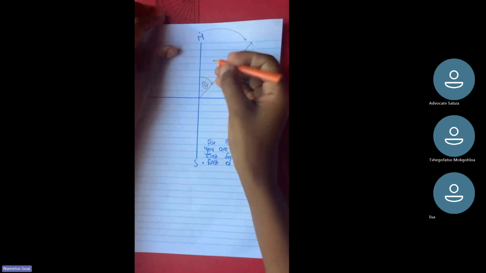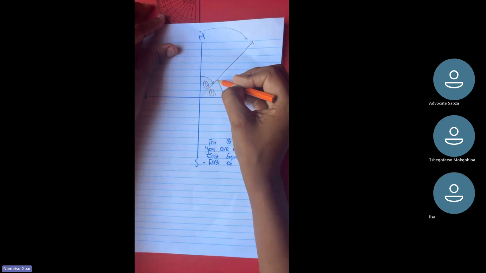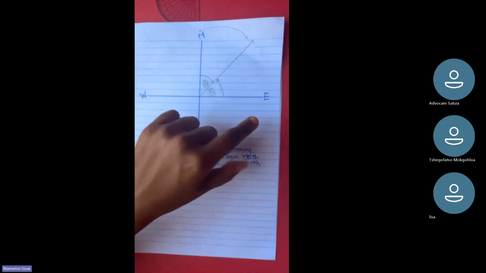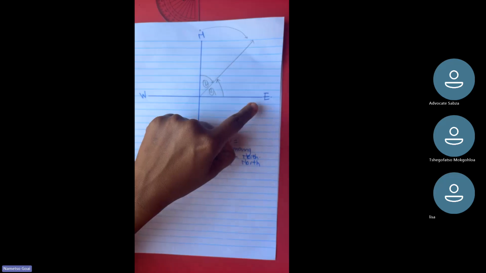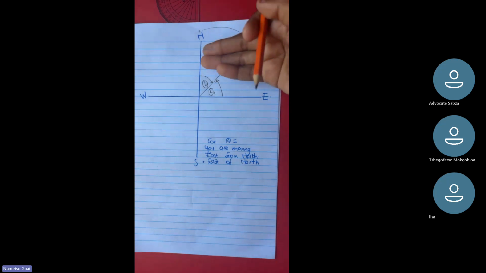Let's make another example. Now, let's say you have theta 1. You're moving that way. Where are you moving? You're moving north from what? From east. Where are you currently? You're currently at east, but you're trying to reach the north.